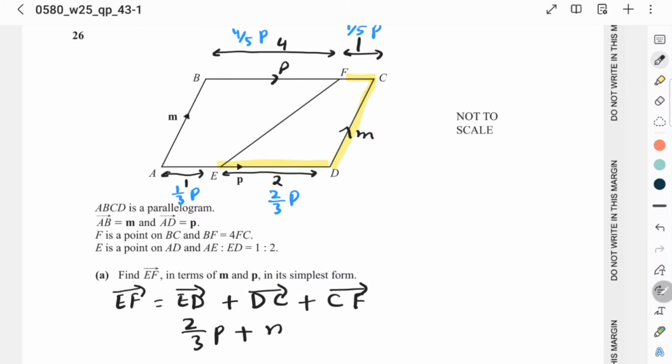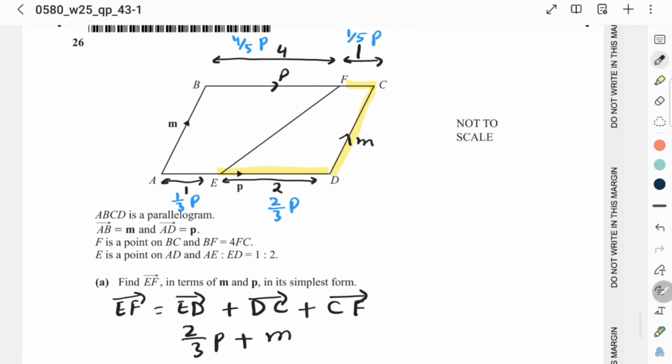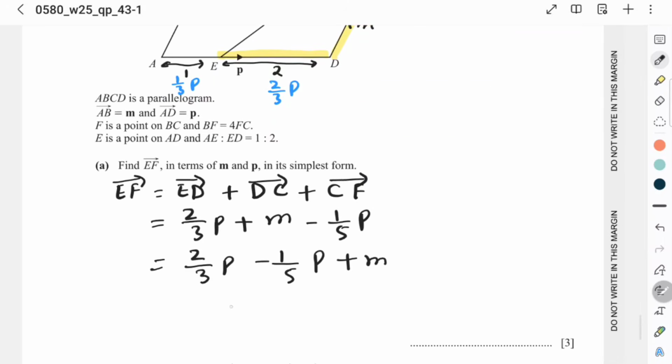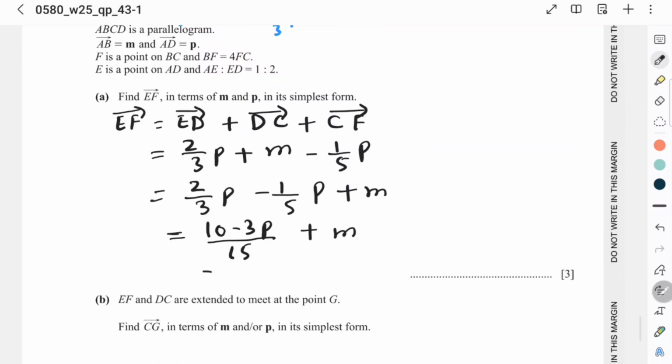It is 2/3 of p, and DC is m only, and CF is in the opposite direction, so I'm writing minus 1/5 p. Write the like terms together and simplify. So that is 10p minus 3p over 15, plus m. So that's 7/15 p plus m, or m plus 7/15 p. 3 marks question.